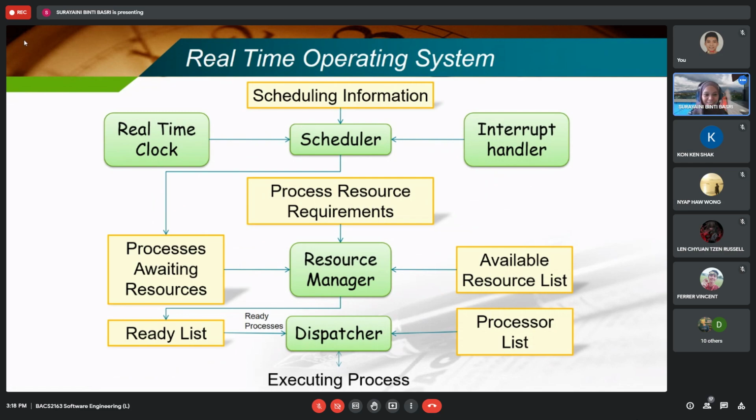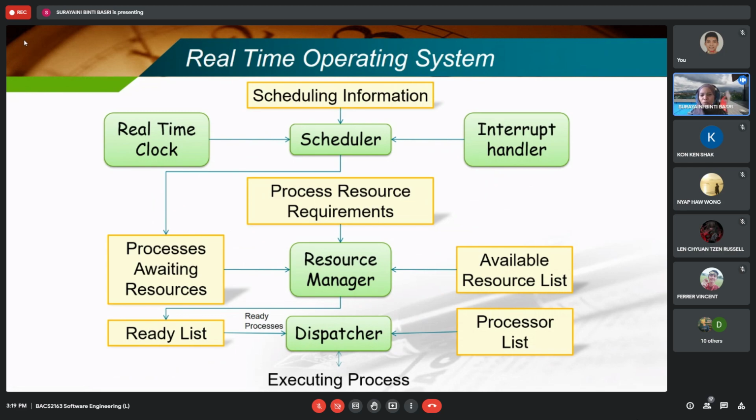Okay, the azan just now is also an example of a real-time system, because it is triggered by time. The trigger or the stimulus for it is the timing, the time given by JAKIM. JAKIM is Jabatan Agama.